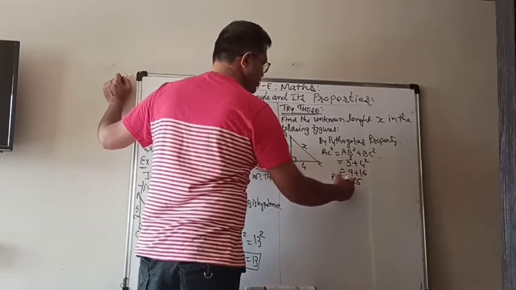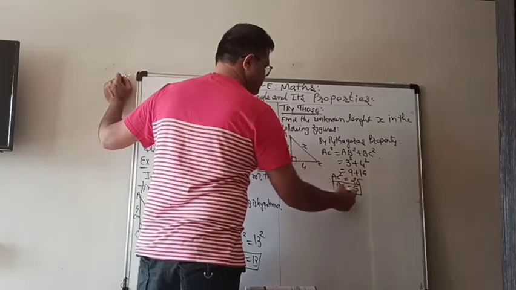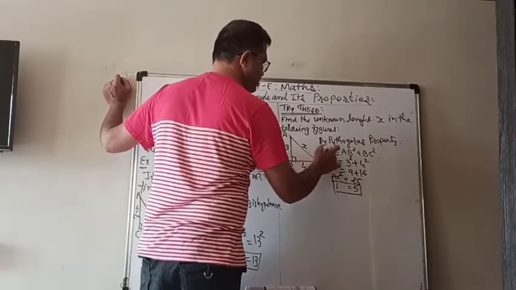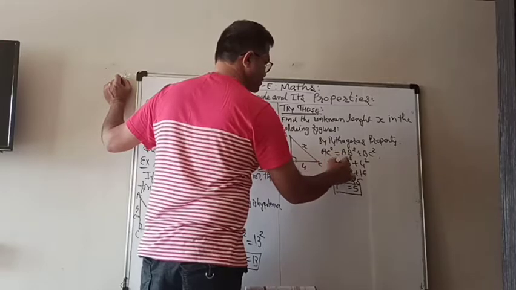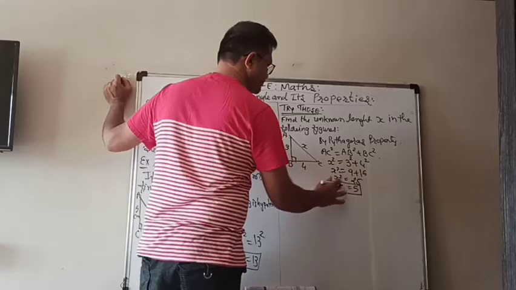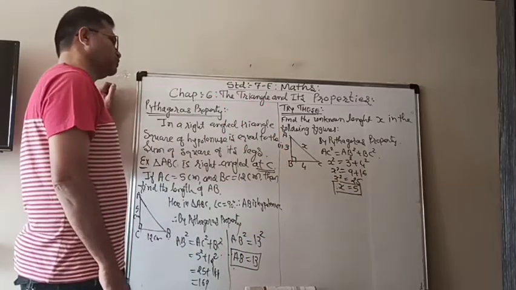So we get AC square is equal to 25. So the value of AC is equal to 5. And AC is x, so you can write down here x square also. So we get x square is equal to 25. So x, the value of x is equal to 5.